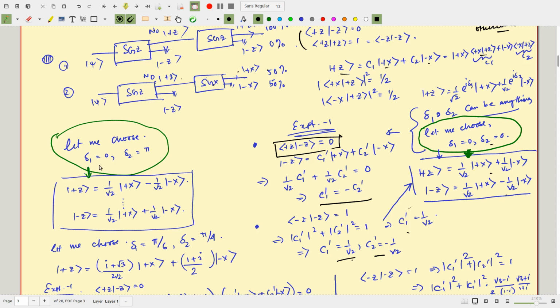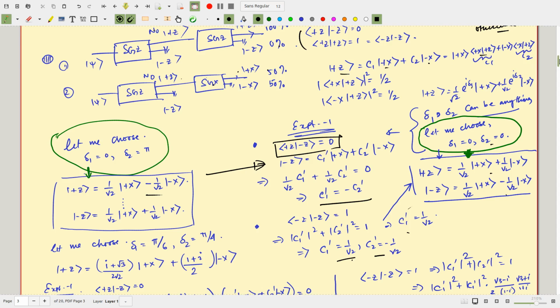So, when I choose, let us say, delta 1 to be 0 and delta 2 to be pi, the plus z becomes this, and by playing the same game here, I figure out that the minus z is this, and that is also a perfectly consistent choice. So, now you can see there are two different state vectors which represent equivalently the same state of the system.